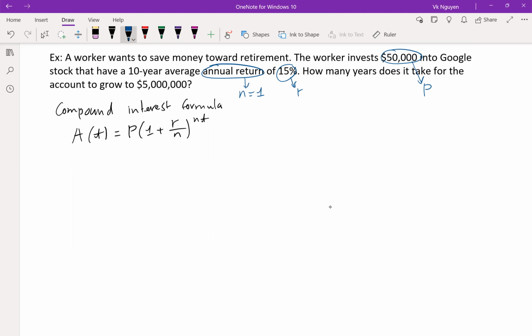Stock is compounded annually. We have another piece of information: $5 million. That is A of T. What we don't have here is t, and that is what we want to answer. How many years? That's t. We can do the substitution and solve for t.